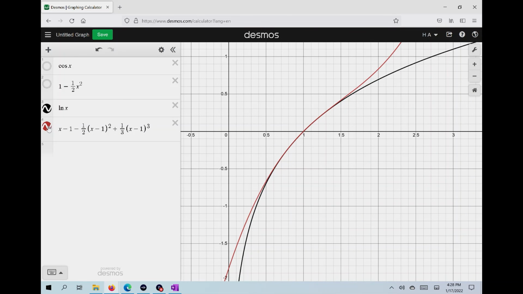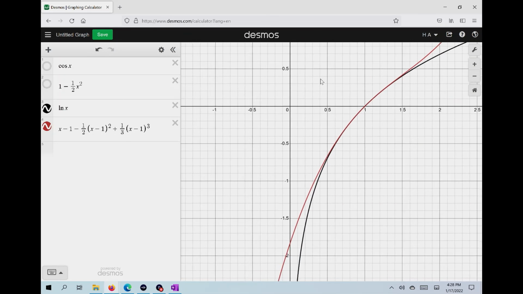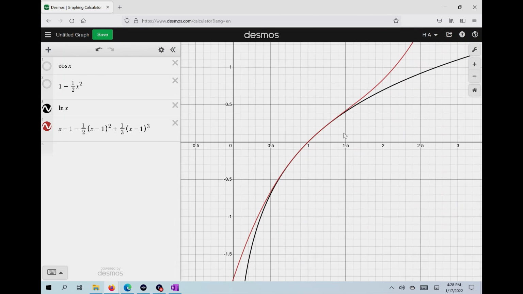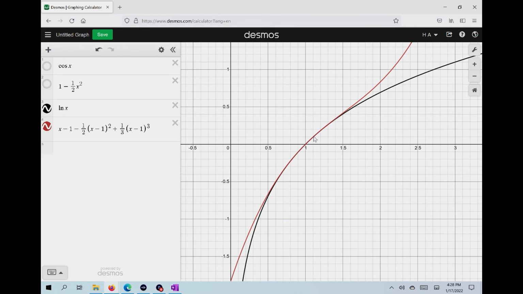And notice that my polynomial in red is a good approximation to my natural log function for values of x that are close to 1. And again, if you go further out to the left or further out to the right, you do end up getting less accuracy, but close to 1, you do have some really nice approximations.